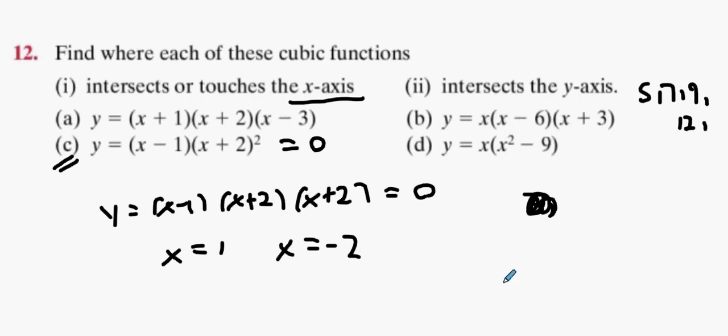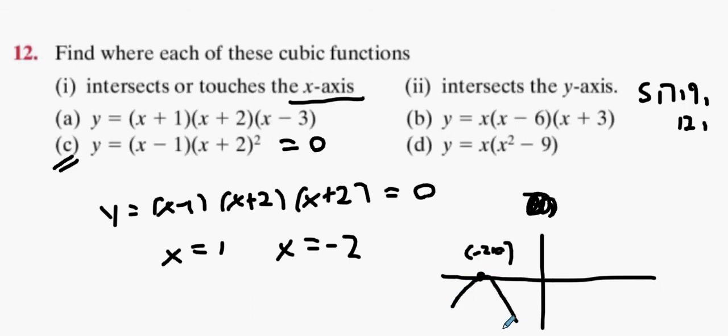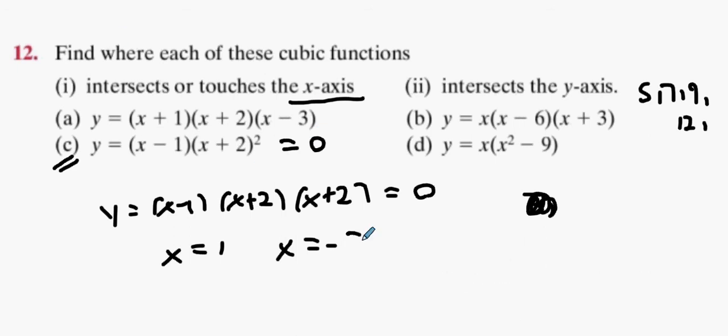What does that mean? At minus 2, 0, it touches the axis but doesn't go through it. Or it could be above it like that and touches it and goes back again, okay? It's a repeated root. So what's the answers? 1, 0 and minus 2, 0.